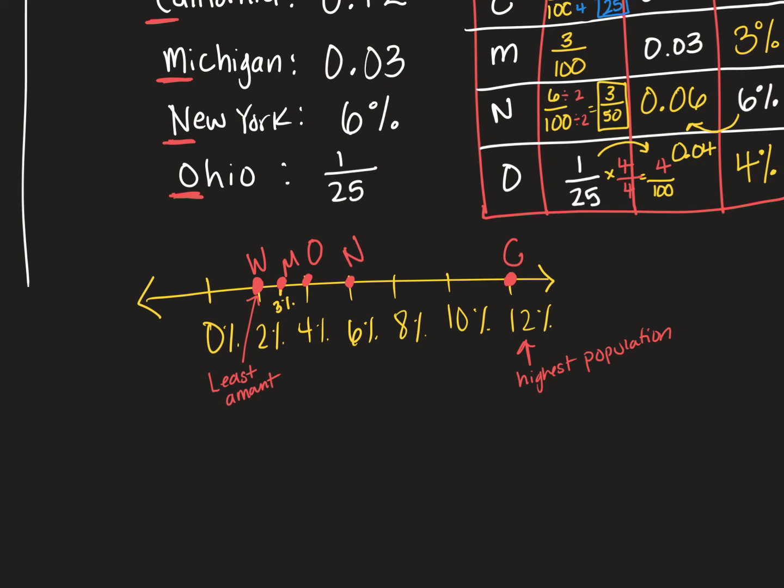Good. And the state that's in the middle would technically be Ohio. It has 4% population, but it's not the average. I don't know if you have ever learned about averages, but we will definitely be learning about mean, median, mode. That's statistics.